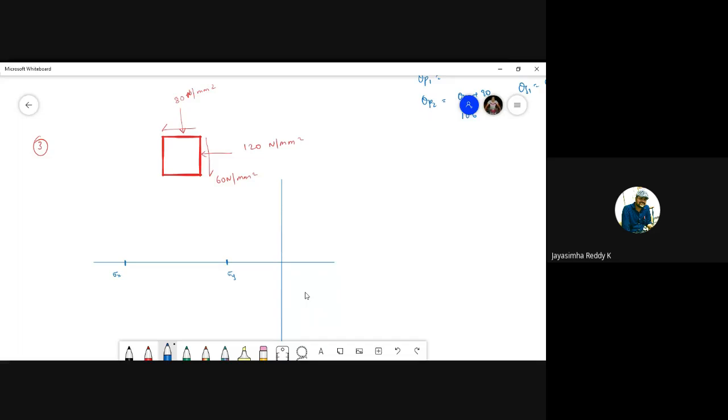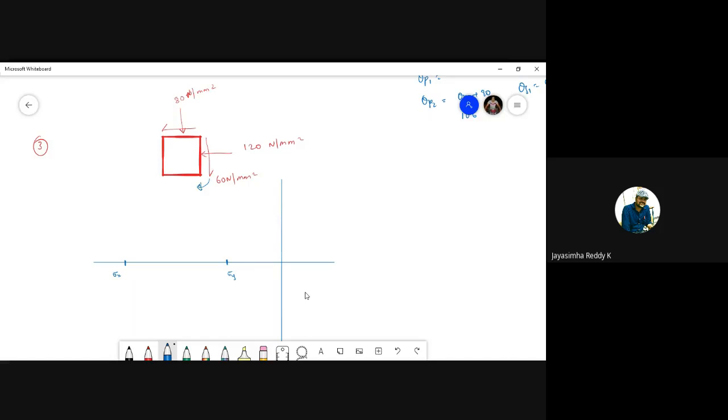Is it clear, guys? After doing this, we have to drop perpendiculars by following the sign convention. At sigma x, see here, what is this doing? This is counterclockwise. Am I right? Is it counterclockwise or clockwise, students?